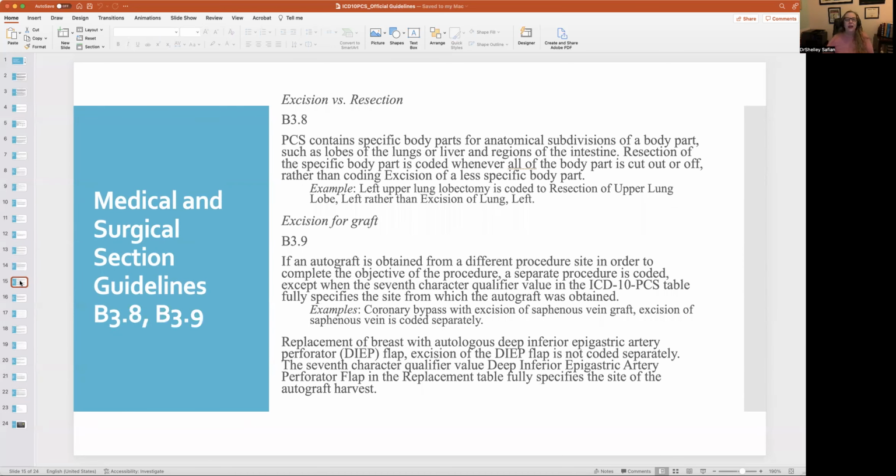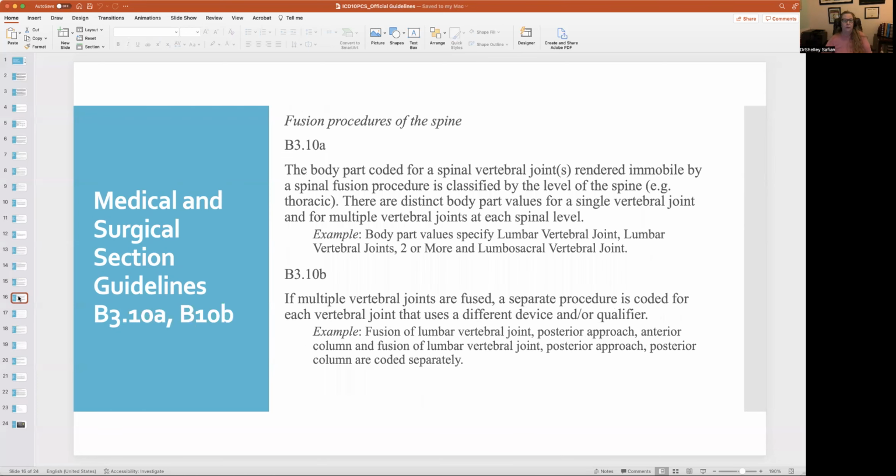Excision and resection, excision for a graft, which is different, right? Fusion procedures of the spine. Very complicated, but not so complicated. You have the guideline to tell you how to do it.